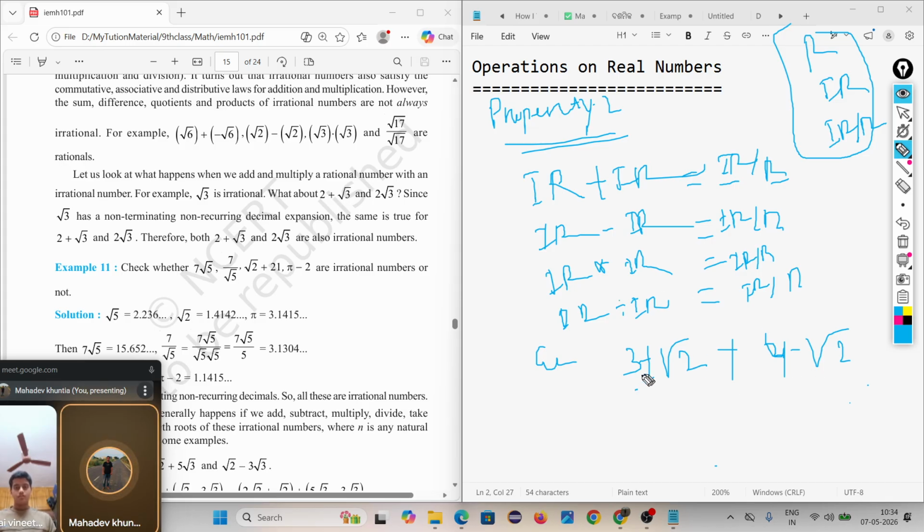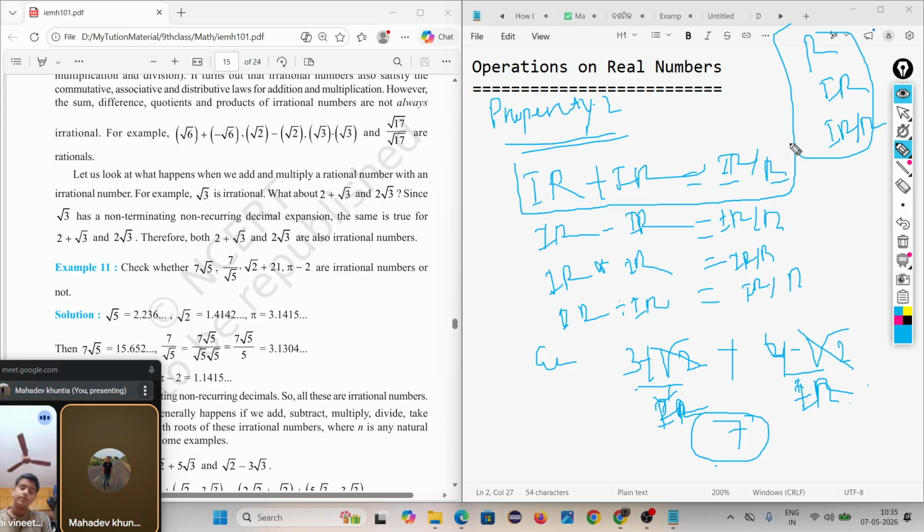Because few seconds ago we learned irrational plus rational is irrational. So this is irrational, this is irrational. Look, if I simplify, plus root 2 minus root 2 cancel. 3 plus 4, the answer will be how much? 7. Is 7 rational or irrational? I am taking two irrational numbers and I am getting the result as rational. So you understand? Yes, sir.